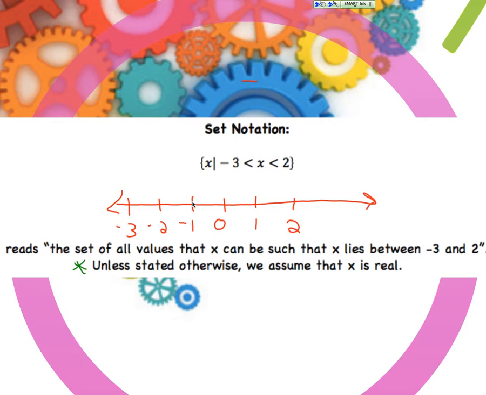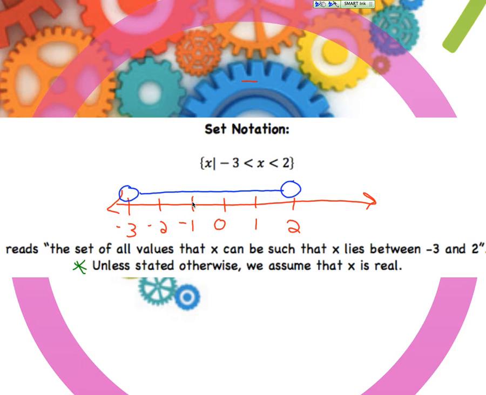So when we don't have the equal to symbol, we have to actually use an open circle, so I'll have to use open circles right here. And then since I'm talking about real numbers, it's everything that's in between. So 0 is part of the set, 0.5 is part of the set, -1.5 is part of the set, all these numbers in between. 3 is not actually part of it because it's got that open circle.